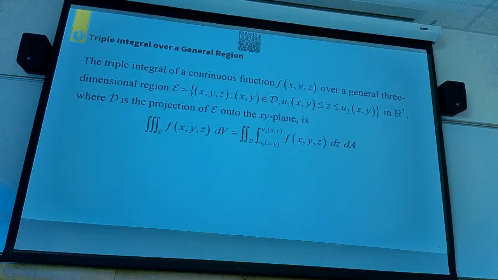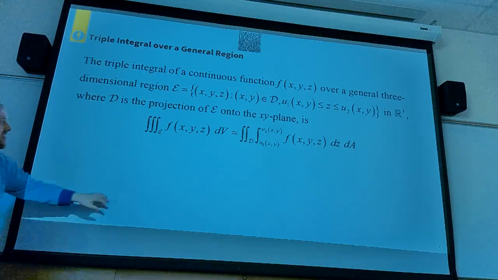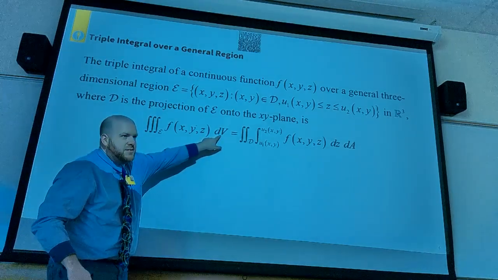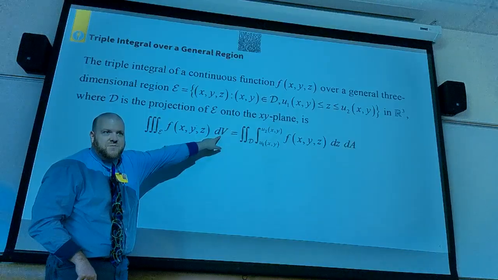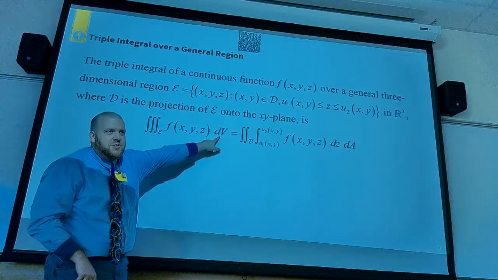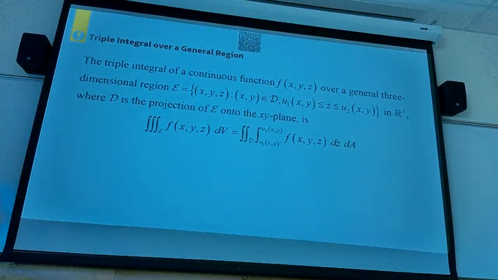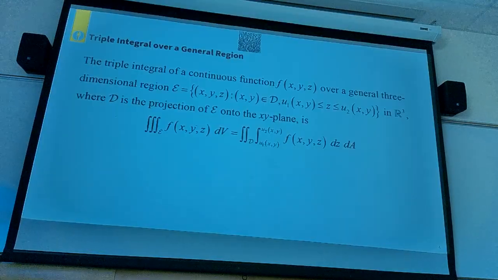Then the integral over E, notice that now the differential is dV. It's a volume differential now. Wasn't it dV on the last slide? Yeah, I'm just mentioning it here. So for triple integrals, the differential is now a volume differential.